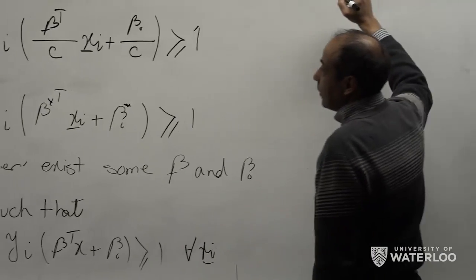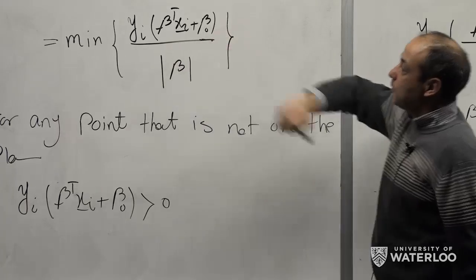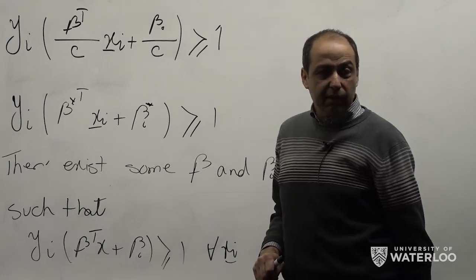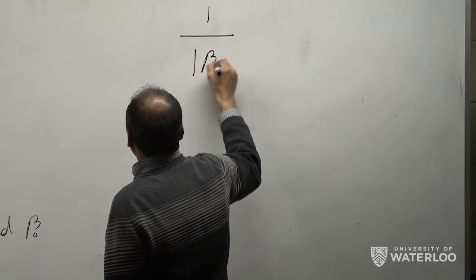So I can replace this by 1 because this is the smallest value. It can't be less than this. So I have 1 over the norm of beta.